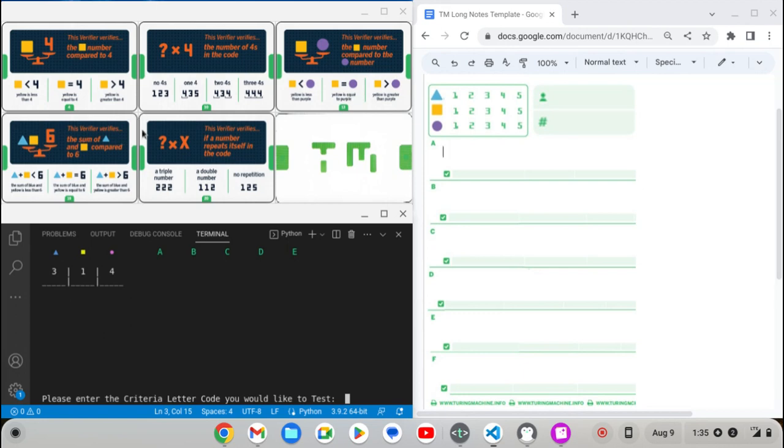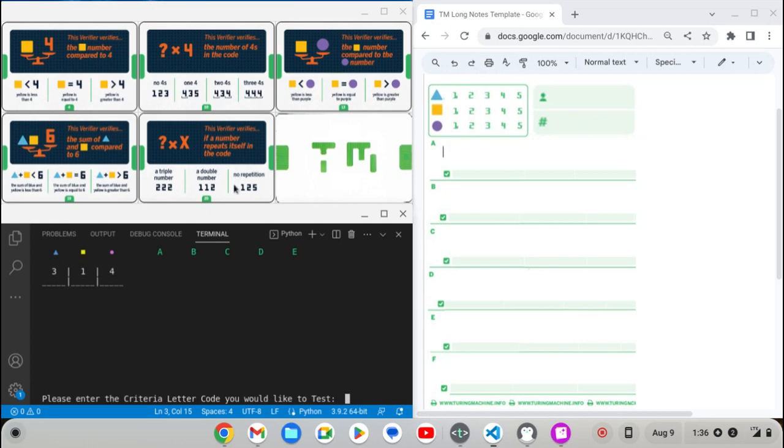Criteria card D will look at our first 2 digits, triangle and square, add them together and compare the sum to the number 6. So should the sum be less than 6? Should it be equal to 6? Or should it be greater than 6? And finally, criteria card E again looks at our 3-digit solution and will let us know a little bit about how it's structured.